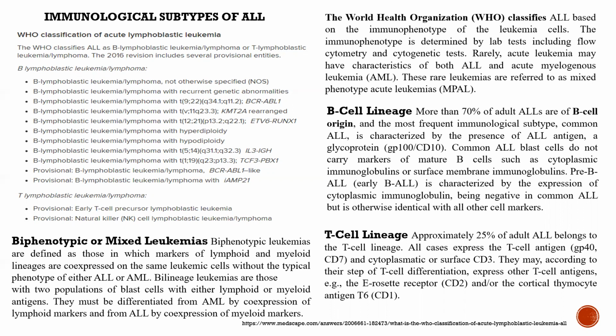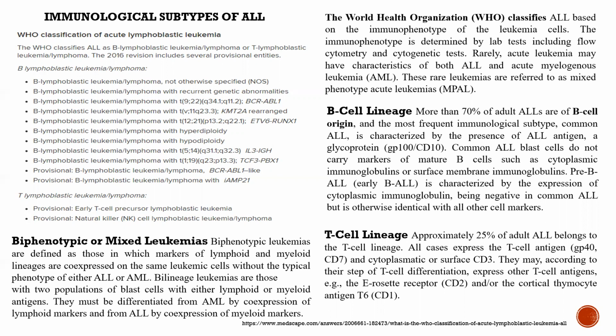Pre-B acute lymphoblastic leukemia, or early B leukemia, is characterized by expression of cytoplasmic immunoglobulins, being negative in common acute lymphoblastic leukemia, but is otherwise identical in all other cell markers.